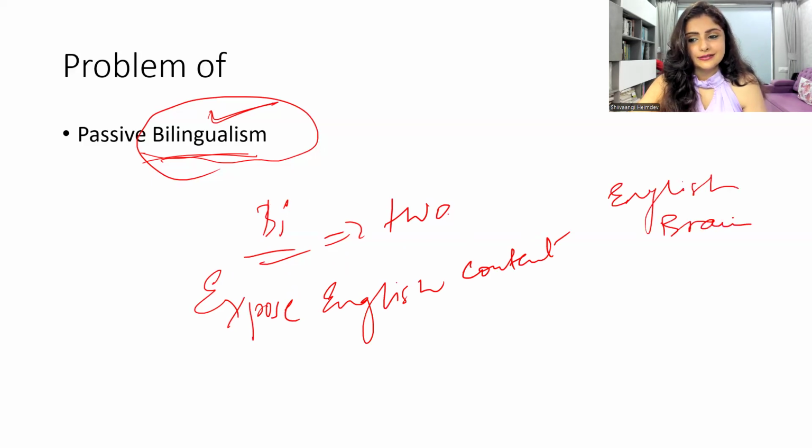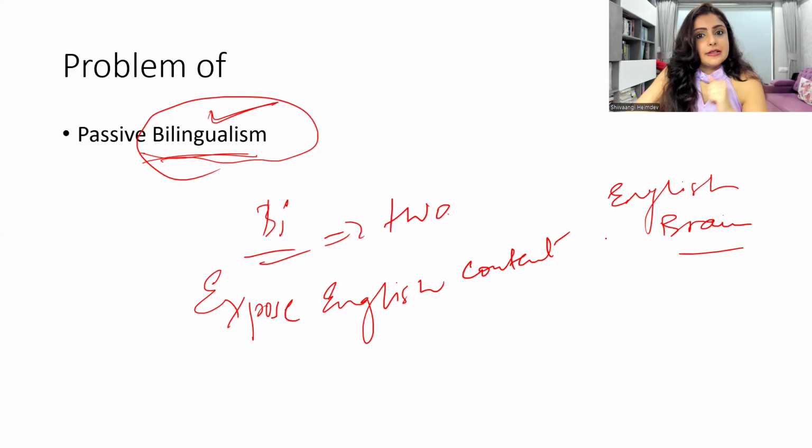English brain. Because unless your English brain is ready, unless this input instrument is ready, your output is not going to come. So don't just work on the output, work on the input. So how will you work on the input? By exposing yourself to English content. And how will you expose yourself to English content?